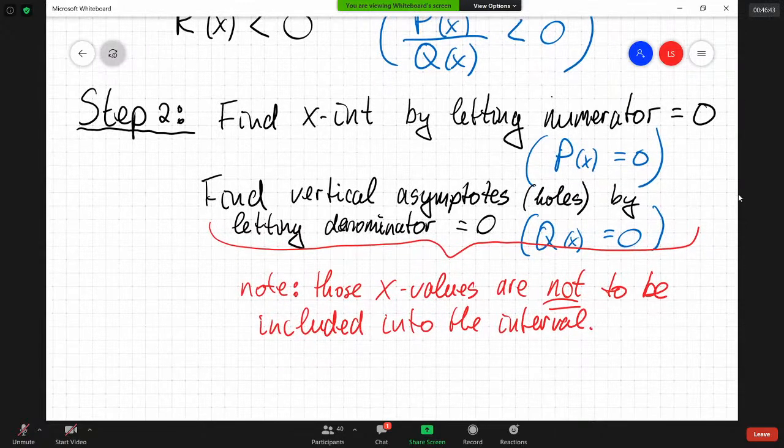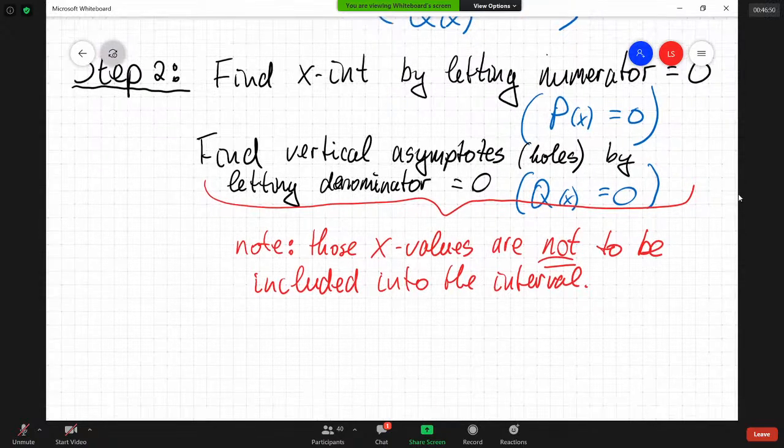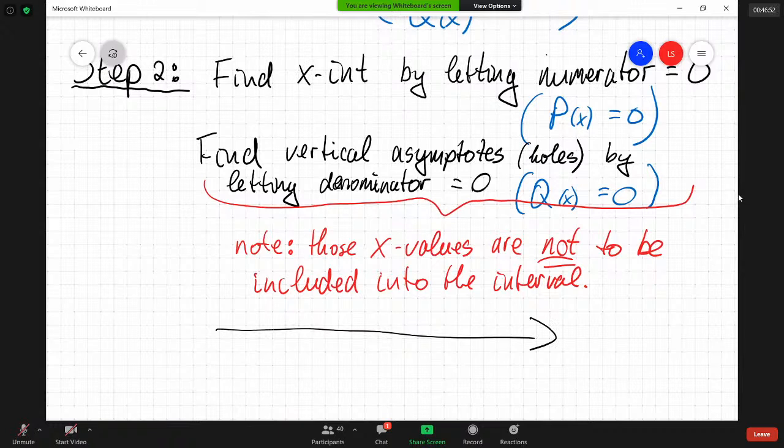The meaning behind that is they are still part of our interval. They're still our boundary points. But if we have a vertical asymptote there, then it's not a closed circle, it's an open circle. Because it's not part of the actual function. It's not a point on the function. It's not an x-intercept. It is an asymptote, which means it's not a point on that function.